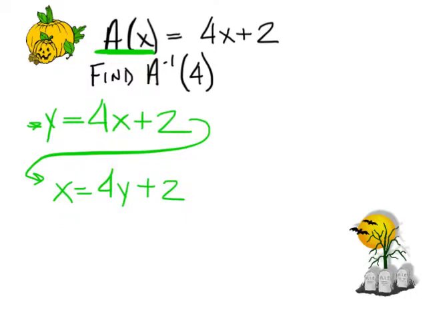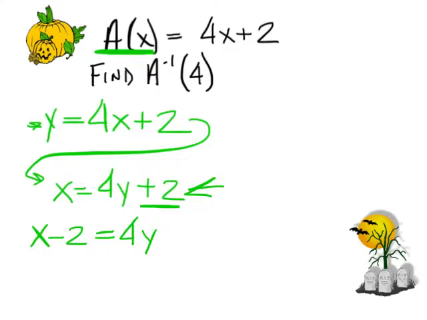Now, in order to get the inverse, you have to solve this equation for y. You need to get y by itself. So move this to the left and change the sign. And then you're left with 4y on the right. To get rid of the 4 next to the y, I have to do what to both sides?